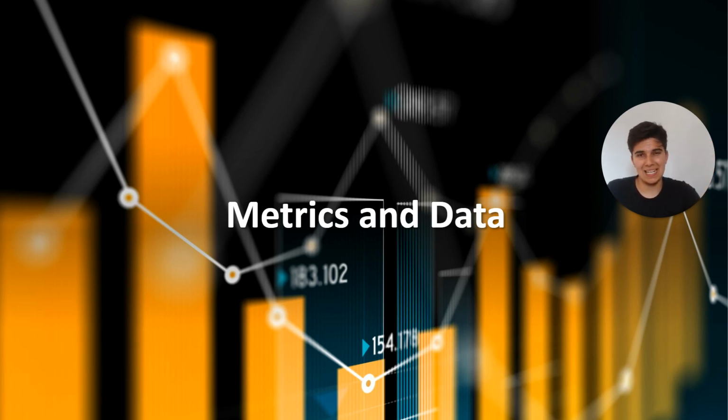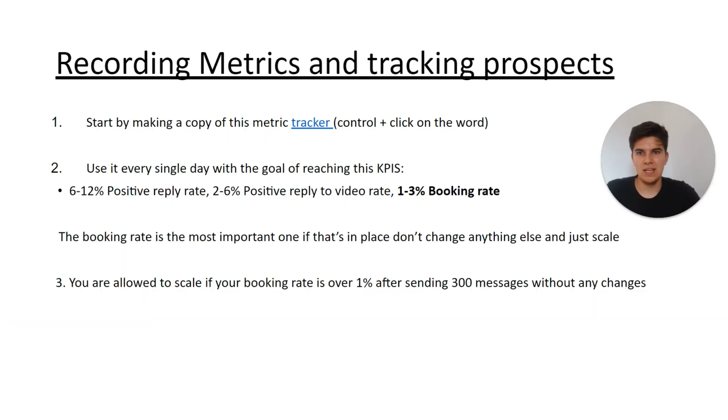And I'm going to show you exactly how to keep track of your metrics. First, you're going to make a copy of the metric tracker that I'm going to be showing you, and you're going to use it every single day to reach the goal KPIs. These goal KPIs are a 6 to 12% positive reply rate to your initial video, a 2 to 6% positive reply rate to the video that you sent, and a 1 to 3% booking rate.